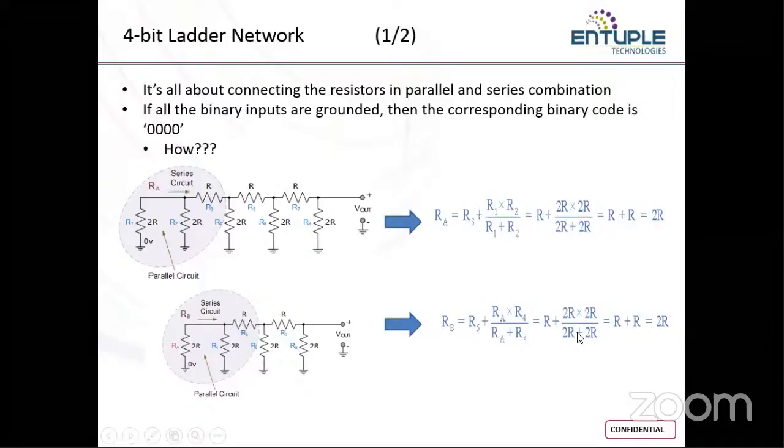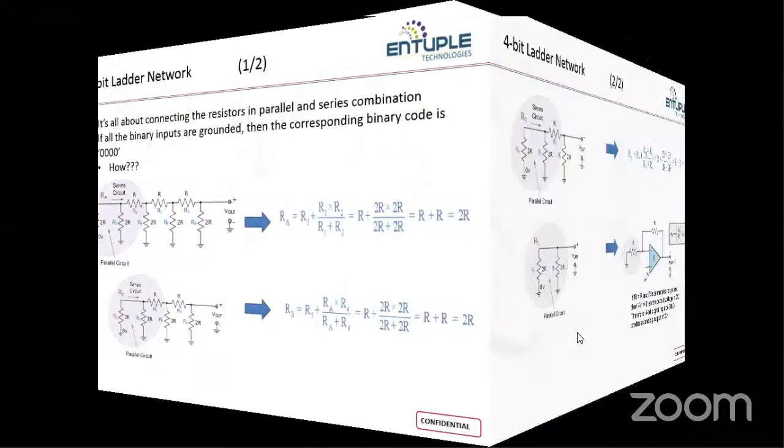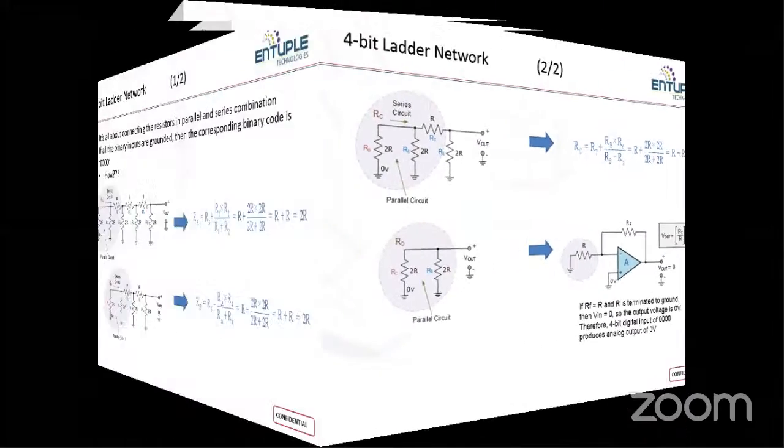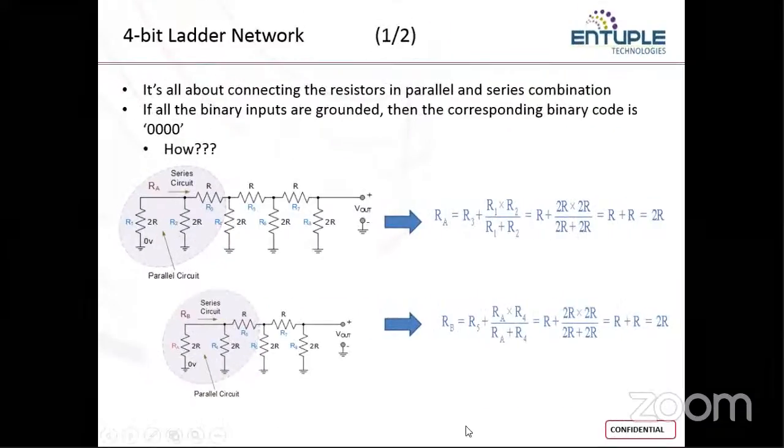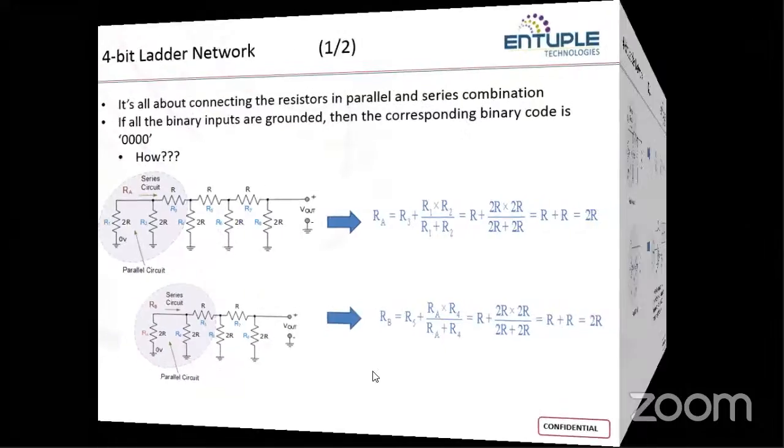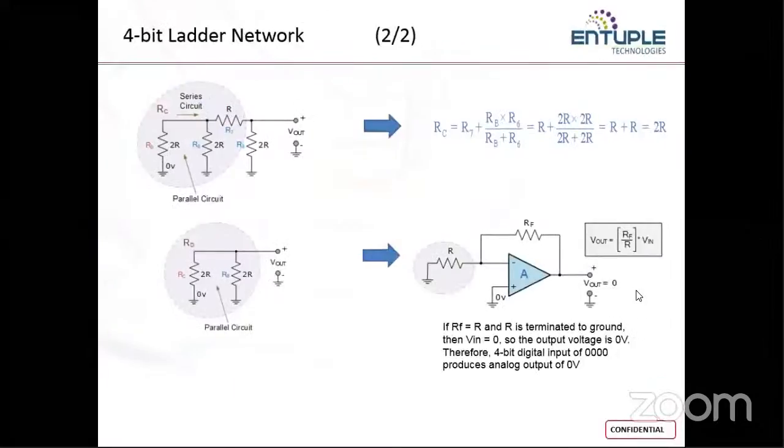You have to reduce and figure out the equivalent resistance for each and every combination, and finally arrive at this part. You'll have a single resistance and the output voltage is 0 over here, and therefore all the four bits are 0.